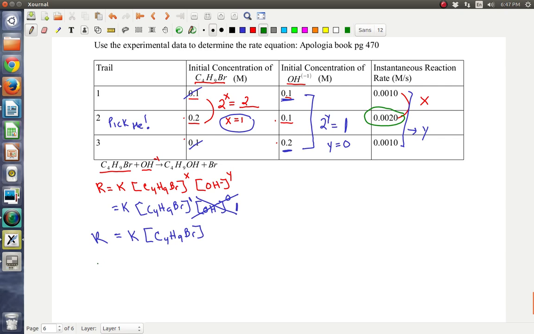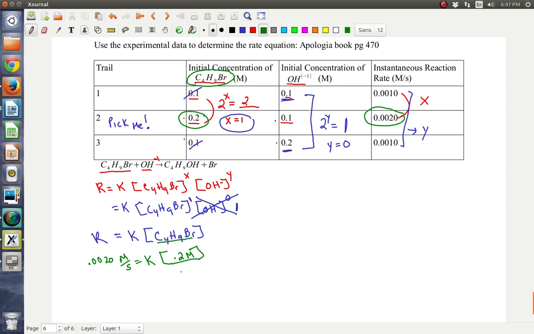This, 0.0020 molarity per second. The K is what I'm after, and what is the concentration of this reactant right here in trial 2? It's 0.2 molar.